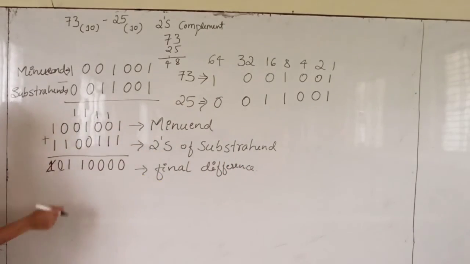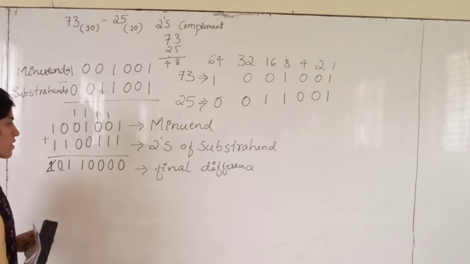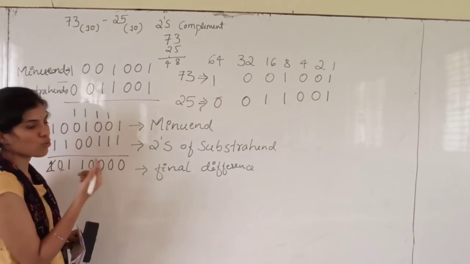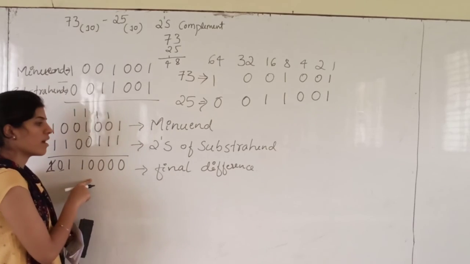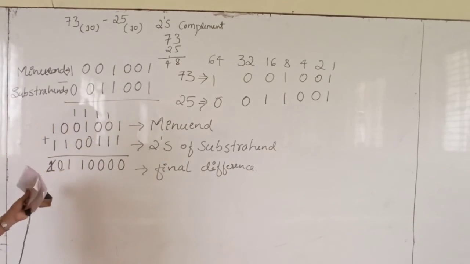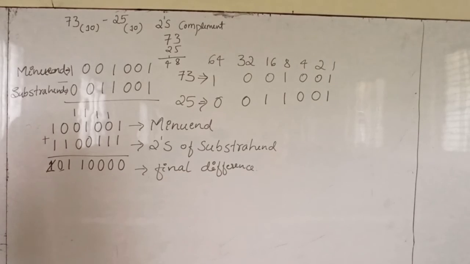In case the carry is not generated at all, you take the 2's complement of that answer, and after that we get the final difference, and place a negative sign in front of that binary number to show a negative integer.